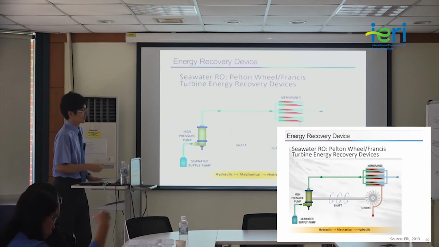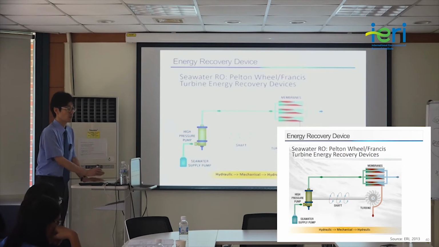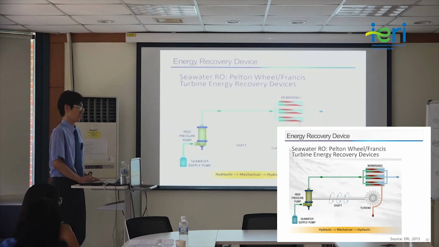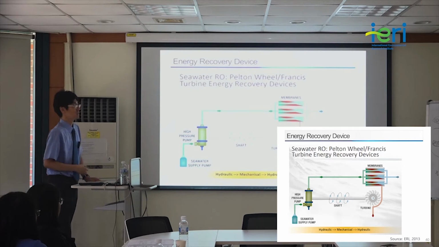However, the problem is, as I already mentioned, that every time we convert the energy from one type to another type, we always experience some loss of energy. So in this case, the hydraulic energy in the brine is first converted to mechanical energy by using this turbine, and this mechanical energy is again converted to hydraulic energy to operate this membrane system.